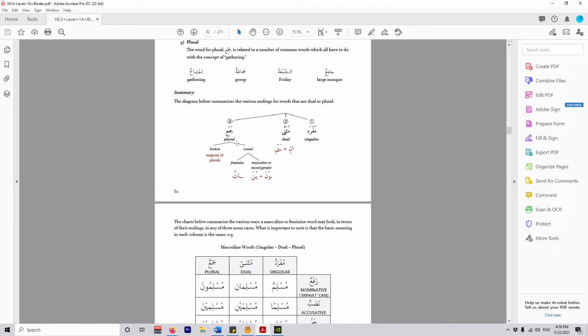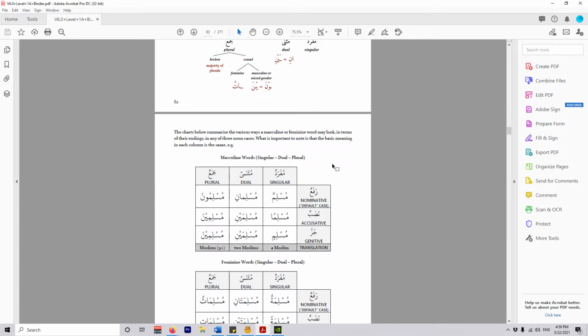If you want to make it plural, you can make it muslimuna, muslimina, or muslimat, if you want to make it feminine. So that's just a nice little diagram there. And like it says here again, the majority of plurals are not sound plurals in Arabic. That's just the way Semitic languages work. It's the same in Syriac and Hebrew and others.